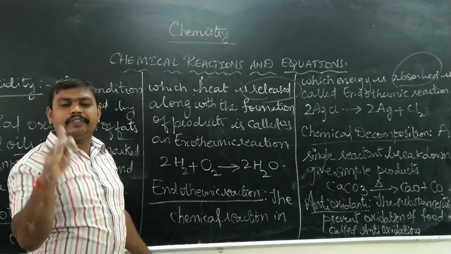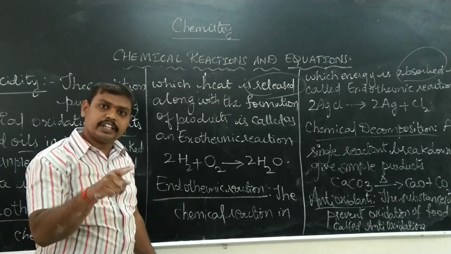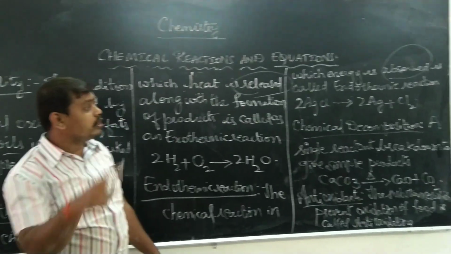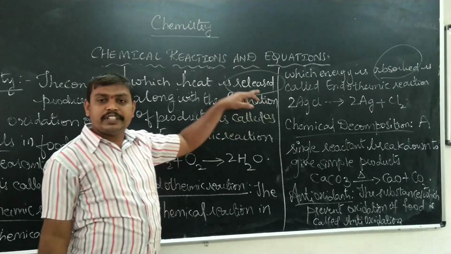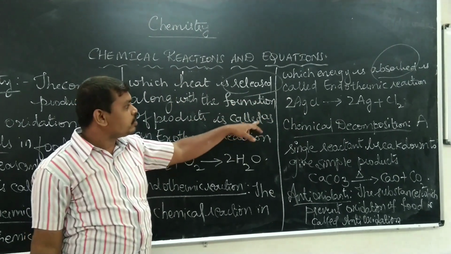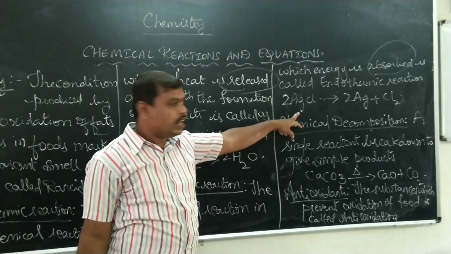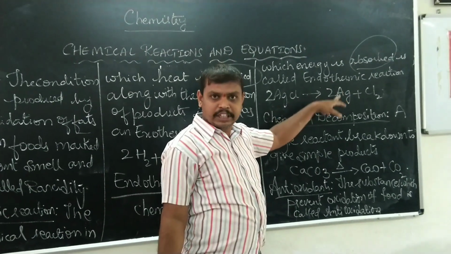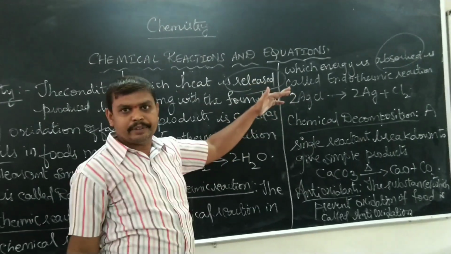So always remember, for an exothermic reaction the energy is released, and for an endothermic reaction the energy is absorbed. The best example for an endothermic reaction is two molecules of silver chloride, 2AgCl, giving rise to two molecules of silver plus chlorine.